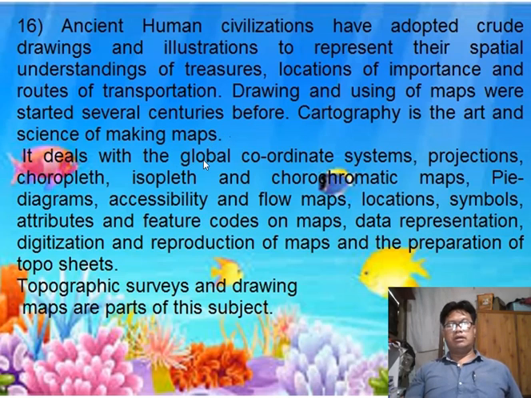It deals with the global coordinate system, projections, choropleth, isopleth, and chorochromatic maps, pie diagrams, accessibility and flow maps, locations, symbols, attributes, and feature codes on maps, data representation, digitization, and reproduction of maps, and the preparation of toposheets, topographic surveys, and drawing maps are part of this subject called cartography.